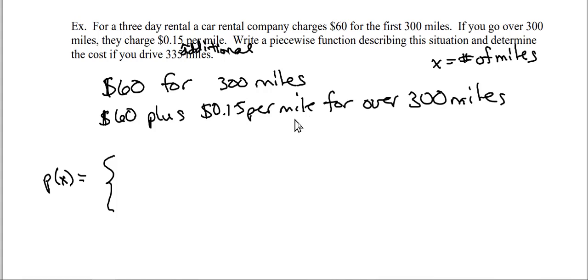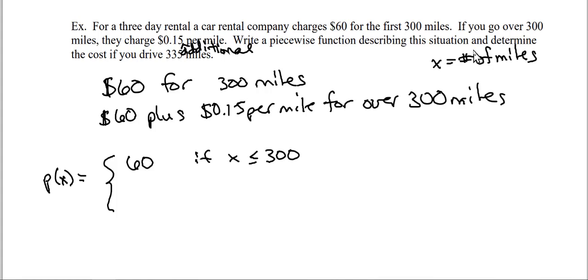So we have a change depending upon how many miles we have. Our price for this car rental is $60 if X is less than or equal to 300. That's it. It's just $60 if X is less than or equal to 300, where X is the number of miles.